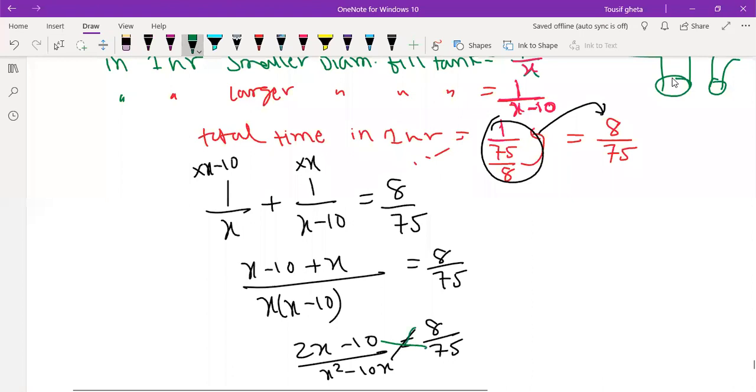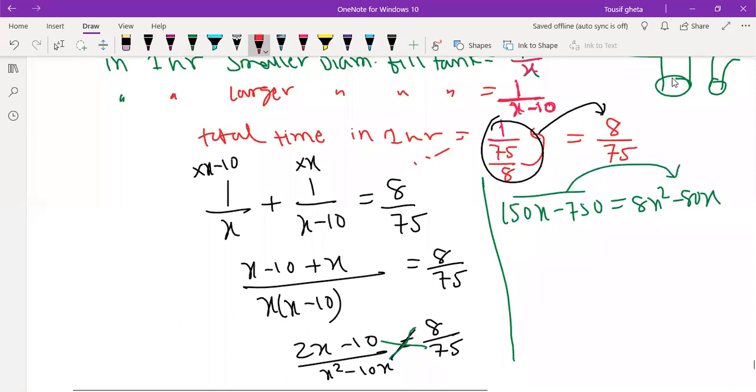Cross multiply you do. Now I think it is easier. Come on, go ahead faster, you can complete now.